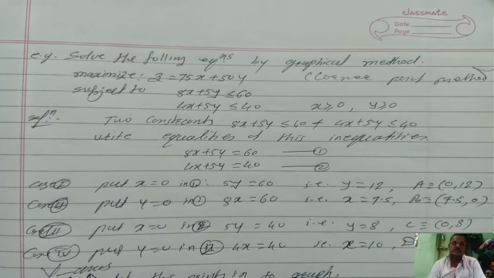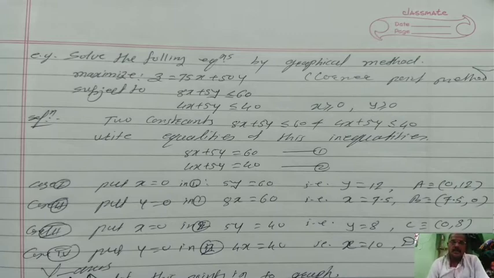We have to write these inequations as equalities, that is, equations form. So 8x plus 5y is equal to 60, equation number 1, and 4x plus 5y is equal to 40, equation number 2.